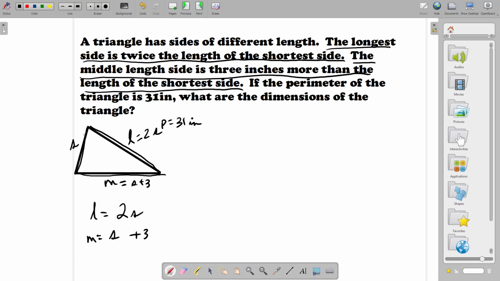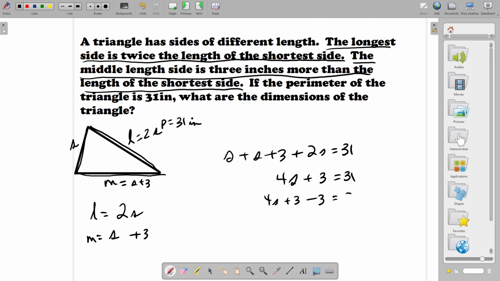So now we take our short side plus our middle side plus our long side, add those up, and we get 31 inches. S plus S is 2S, plus 2s is 4s plus 3. Then we're going to subtract 3 from this side.